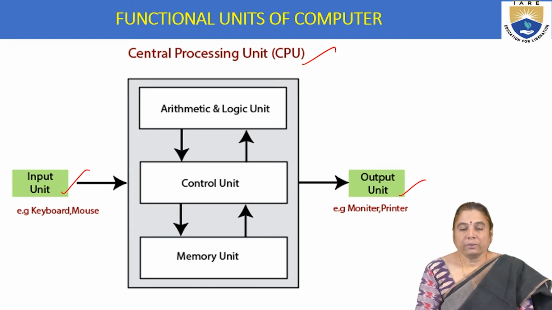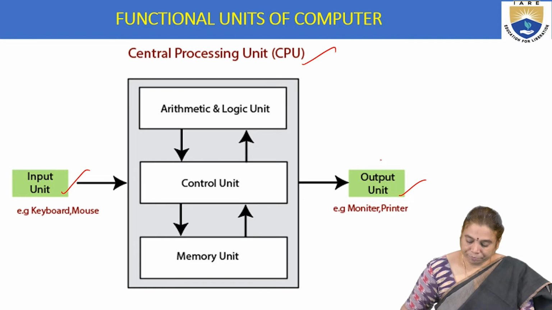The CPU has 3 sub-units: arithmetic and logical unit, control unit, memory unit. The next unit is the output unit, which is used to represent the computer generated information in a user understandable form. A variety of output devices can be used, like monitor, printer, etc.